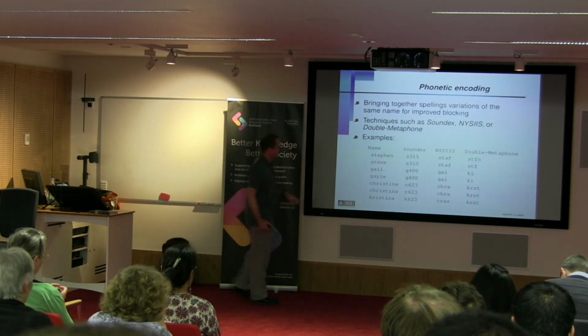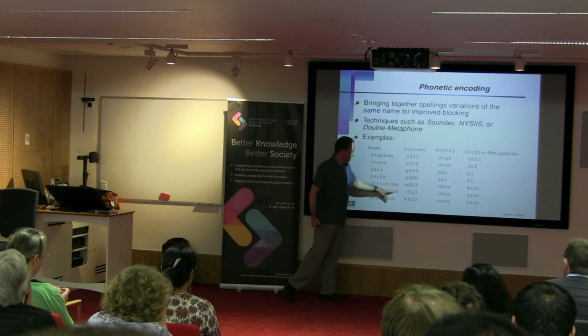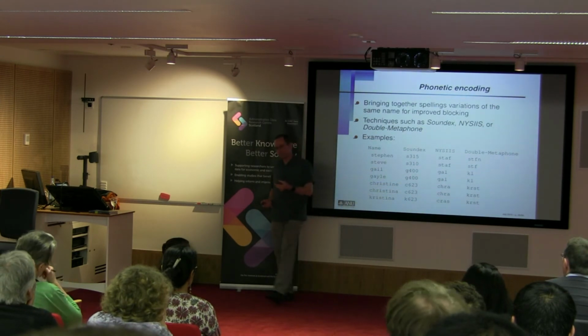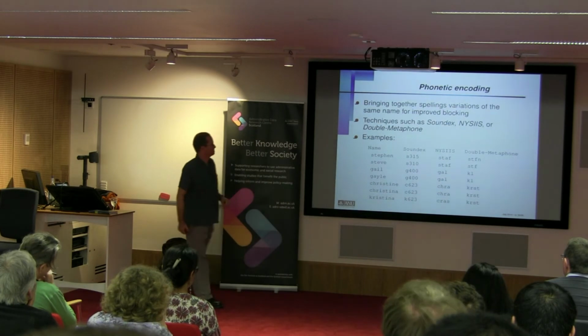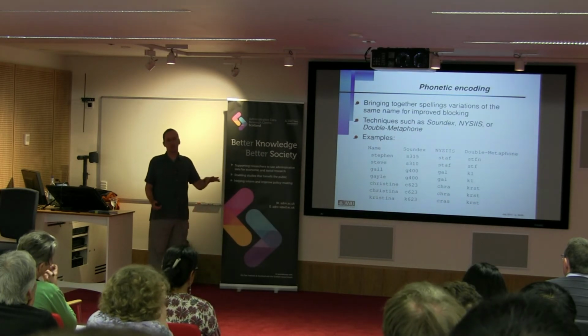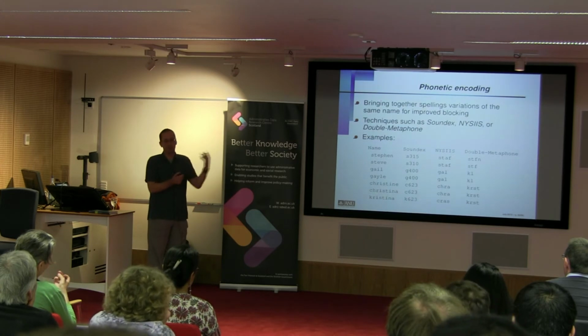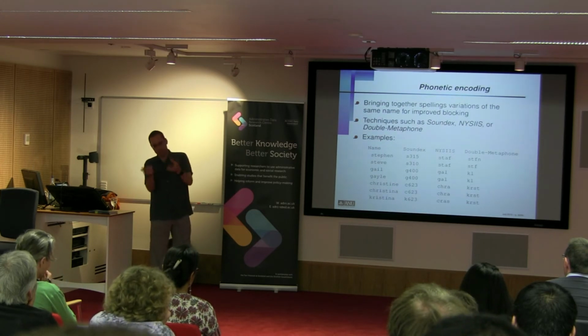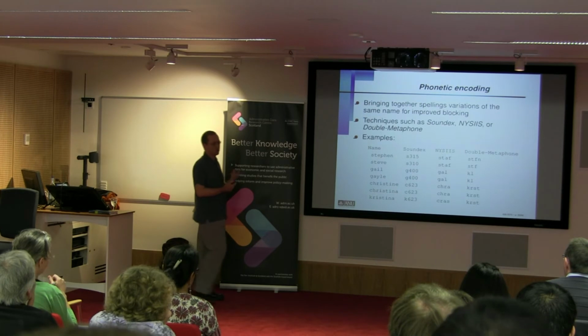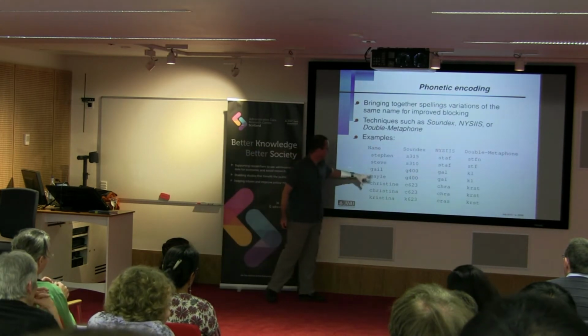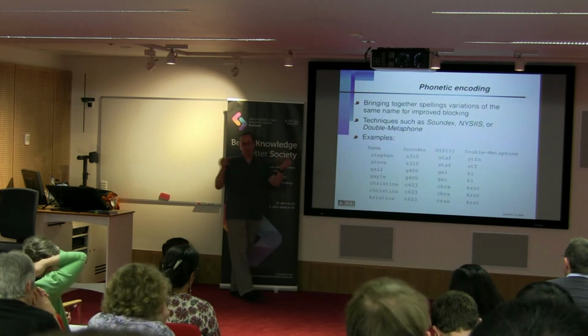So the idea is that if they're similar at the end, we get the same code. Things like that, right? So these are very useful to block similar sounding names into the same block, right? So the Smith and the Smythe, we compare those, right? And therefore we can overcome some of the name variations which otherwise we wouldn't compare.